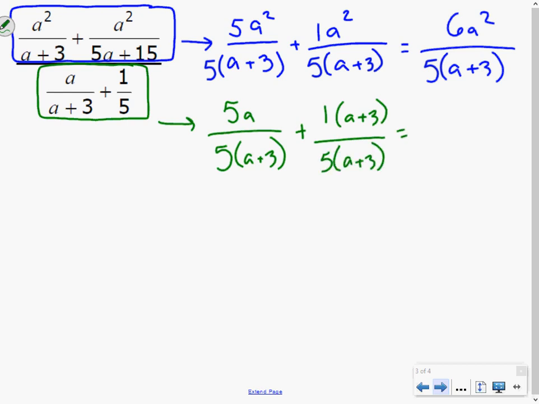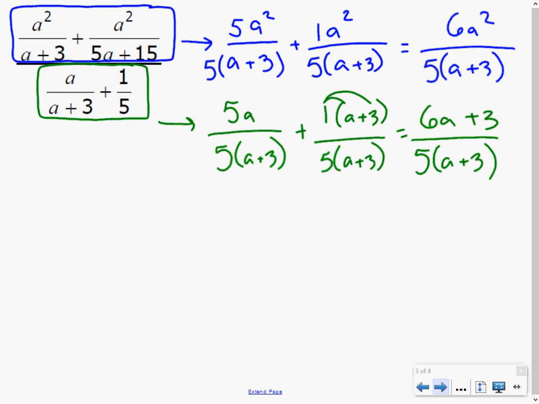So if we go ahead here, I don't really need this one, right? If I distribute it in, nothing's going to change. So if I add my numerators together, I'm going to get a 6a, right? 5a plus 1a, and plus 3, all over 5 times a plus 3.